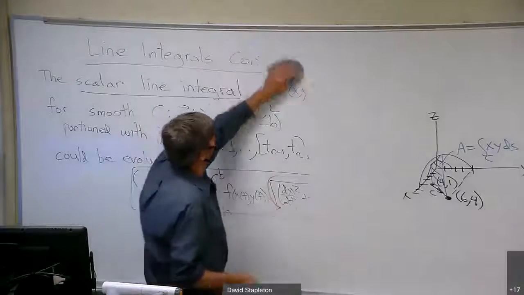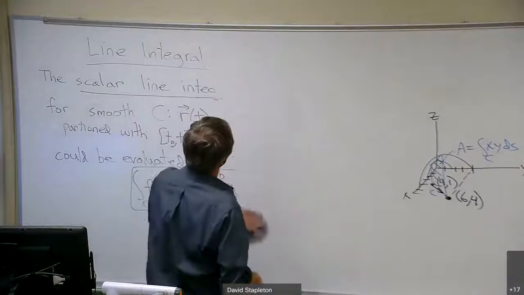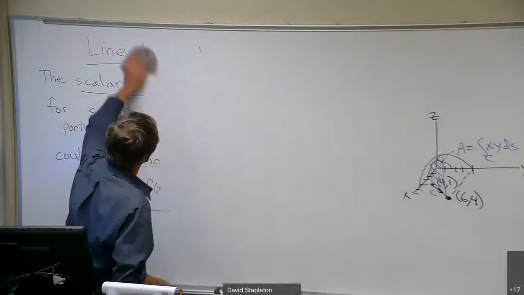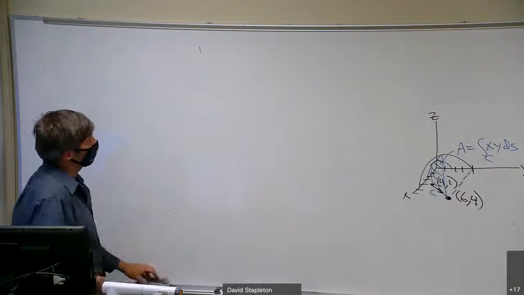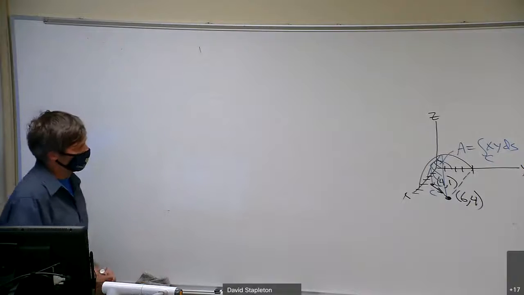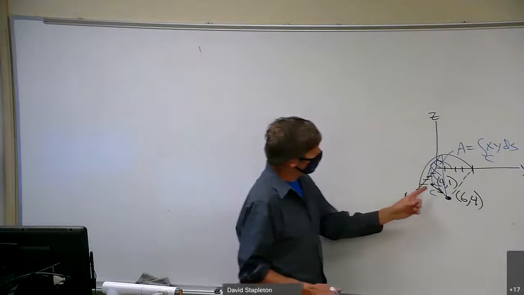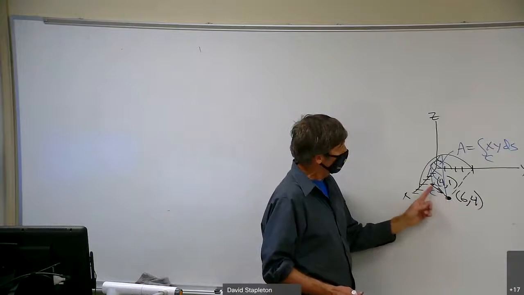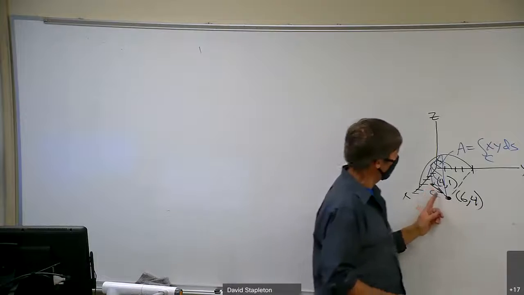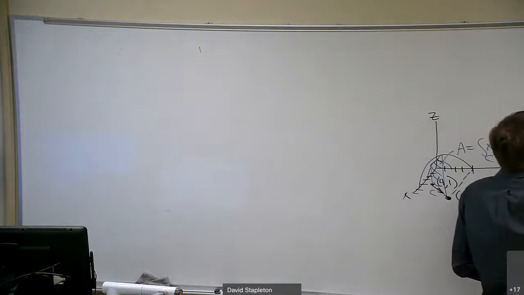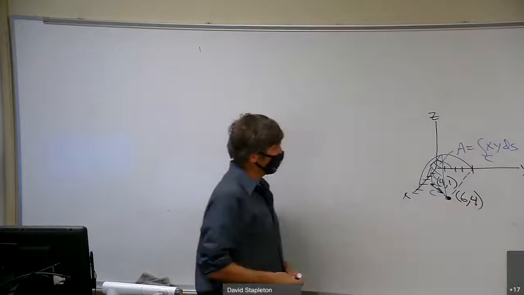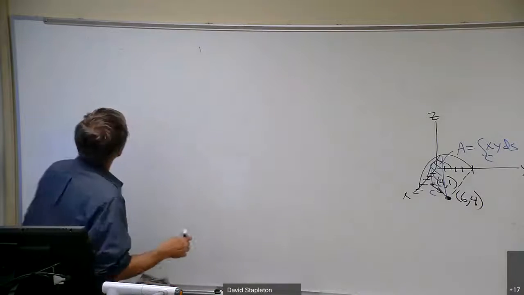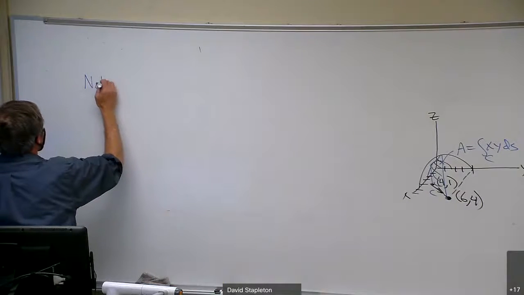What is another application of this scalar line integral besides finding surface area? We said last time in passing that you can use it to find the mass of a wire. If you think of this instead as being a wire of variable mass, and the density function is xy at each point along this curve, then this is actually the mass. Let's take that note then.